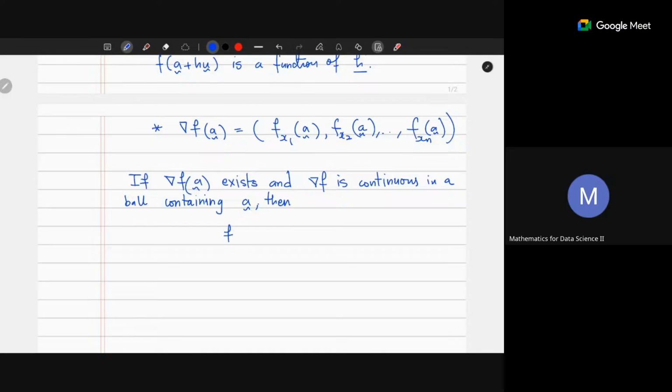So the directional derivative f_u at a tilde is nothing but the gradient of f at a tilde dot product with the vector u.